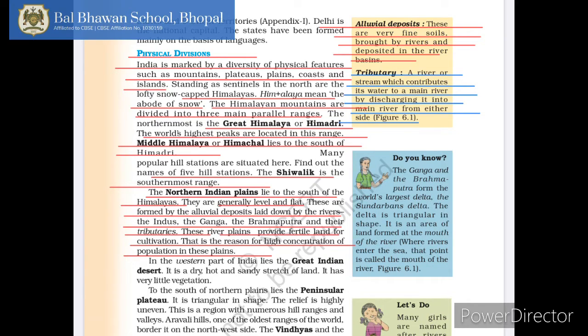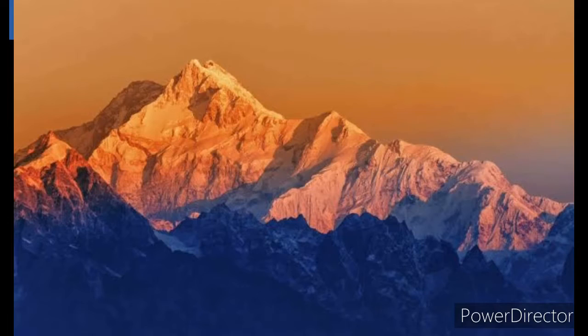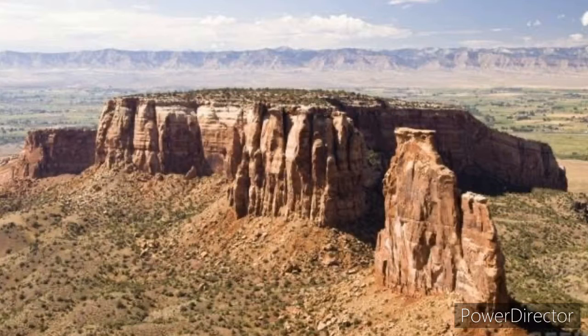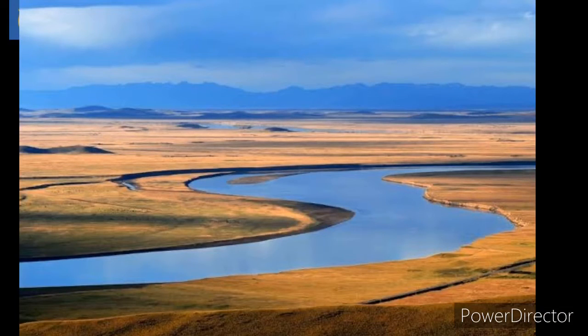India is marked by a diversity of physical features such as mountains, plateaus, plains, coasts and islands. As we have already discussed, India has diversity in landforms.